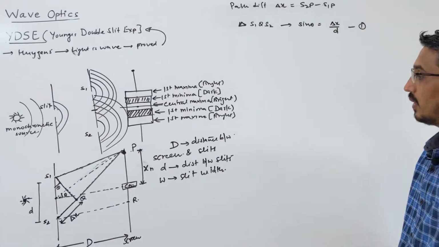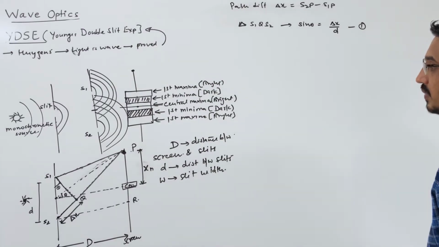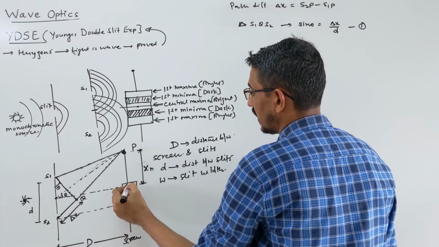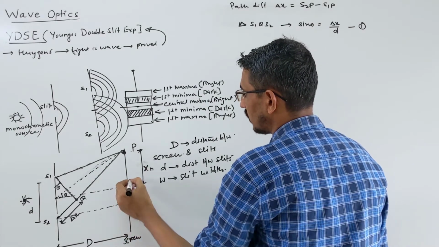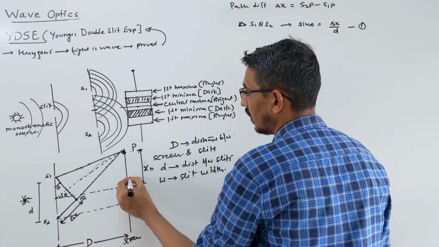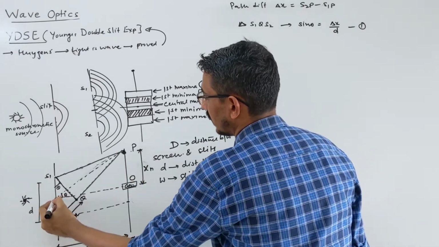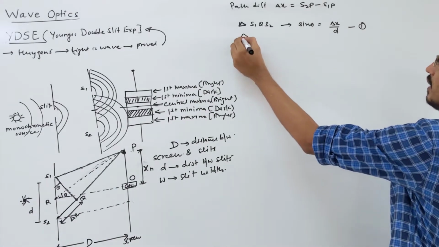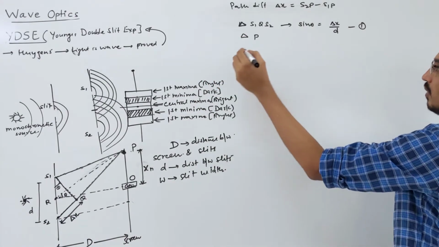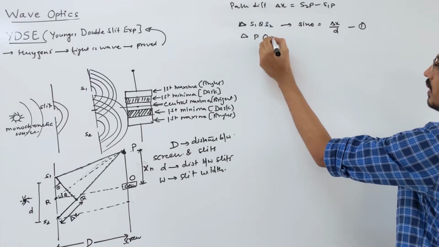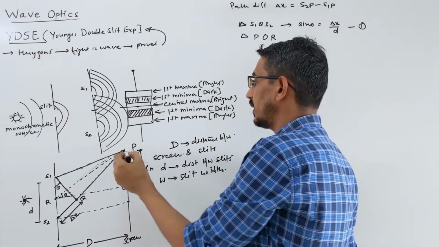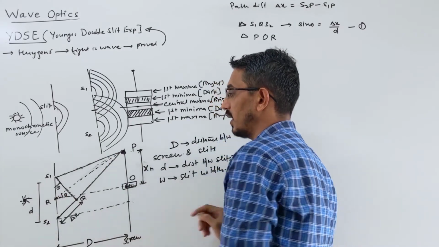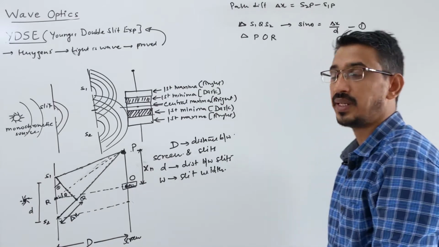Then look at the big triangle. Let's take the central maxima and give it some name, O, and the middle point, let's call that R. The triangle is P, O, and R. In this triangle, we want to calculate tan theta.